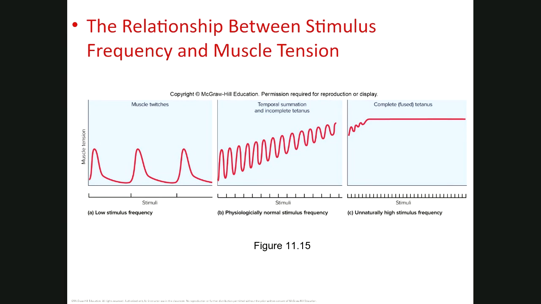And if that happens again, we are actually starting at a higher start point. And eventually, you will reach a point where you either reach the threshold and you get more events happening, or you keep on increasing the stimulus and it will give you a corresponding effect on the muscle strength.